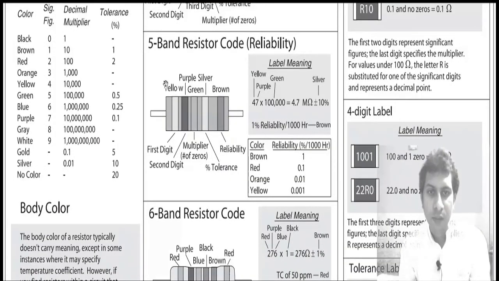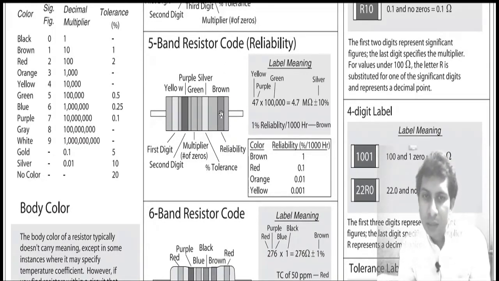There is another example. Yellow is the first color, the second band is purple, and the third band is green. It is a 5-band resistor with reliability, then 47, and the third one is the multiplier. The fourth one is tolerance, and the last one is reliability.